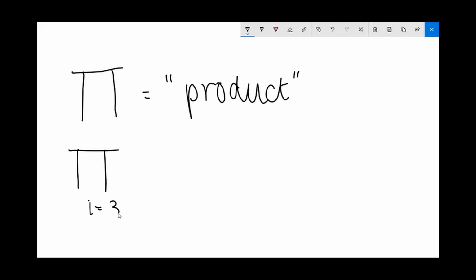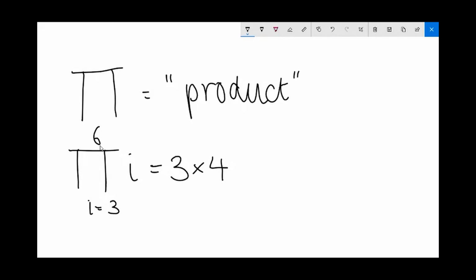So if I go straight in and draw an example, this equation here, this is the product between i equals 3 and 6 of i. So doing the exact same as we did with sigma, we start with our index number here, which is 3, and then 3 add 1 is 4, so substitute that in here, but instead of adding, because it's a product, we are timesing.